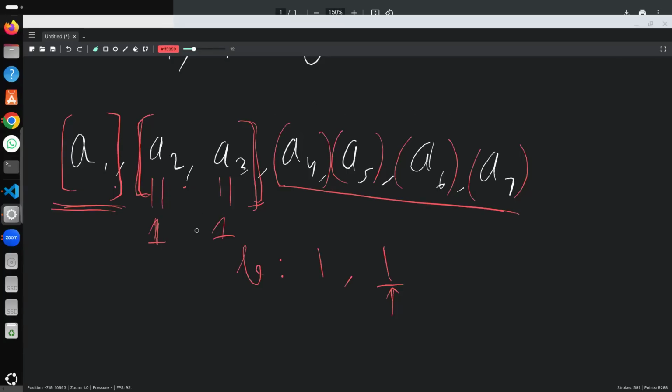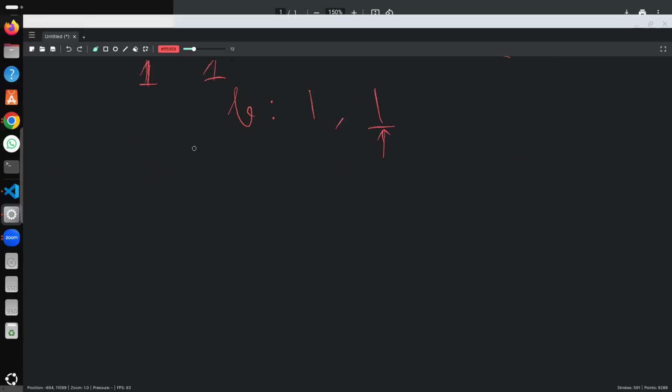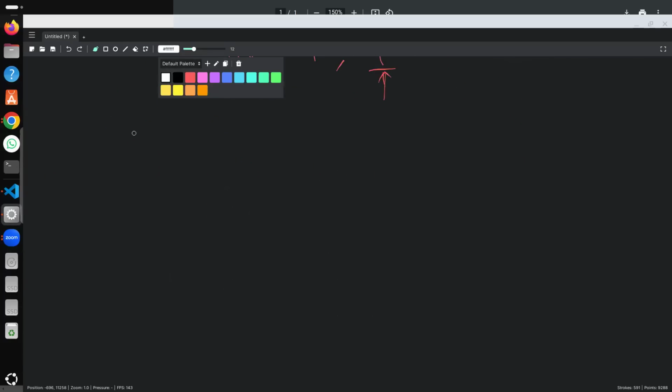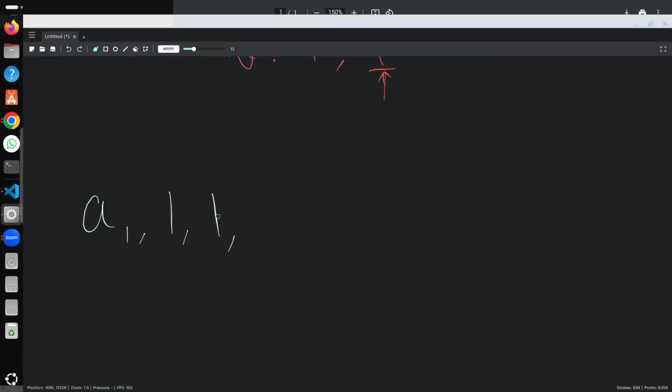Then basically, if either A2 or A3 is not equal to 1, then the answer is 1. So I am thinking about what the answer is otherwise. If they both are 1, then what is the answer? The array is of the form A1, 1, 1, so both of these are 1.